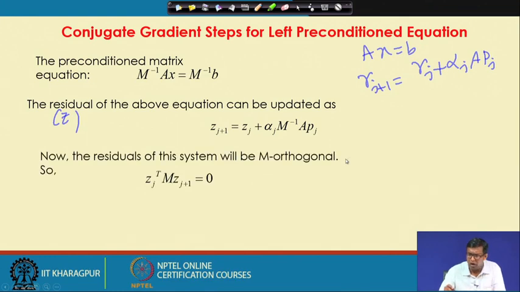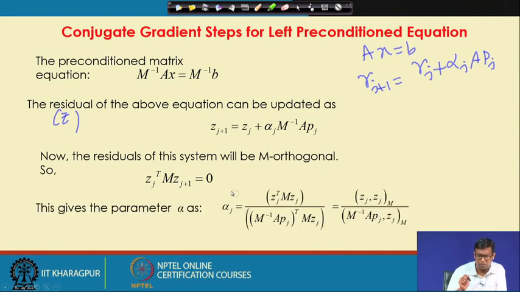Now, R j and R j plus 1 were orthogonal when we discussed the A matrix. When we discuss the M inverse A matrix, the new residuals z j plus 1 and z j will be M orthogonal. That means z j plus 1 transpose M z j is equal to 0. So the dot product of z j with M z j plus 1 is equal to 0.